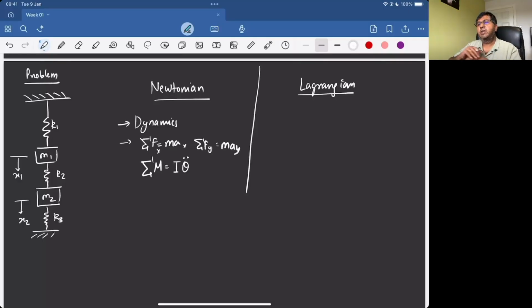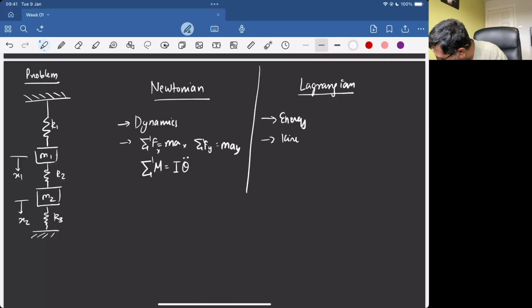Lagrangian is slightly a different take. It looks at what is the total energy in the system, right? So in a way, we are looking at what is the kinetic energy, potential energy. In other words, here we have vectorial quantities, and here we have a scalar quantity.